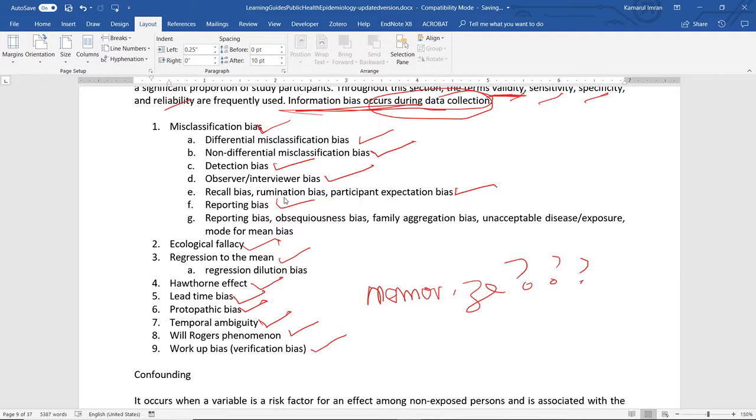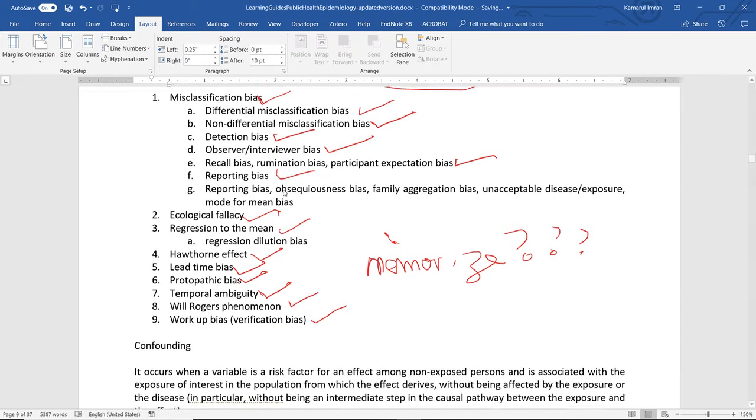But you need to be able to describe biases that can happen from a study, from a project, from data collection, from a survey. You don't have to really memorize the specific name of the bias, but you should be able to describe the bias that can happen for a particular project. All right.